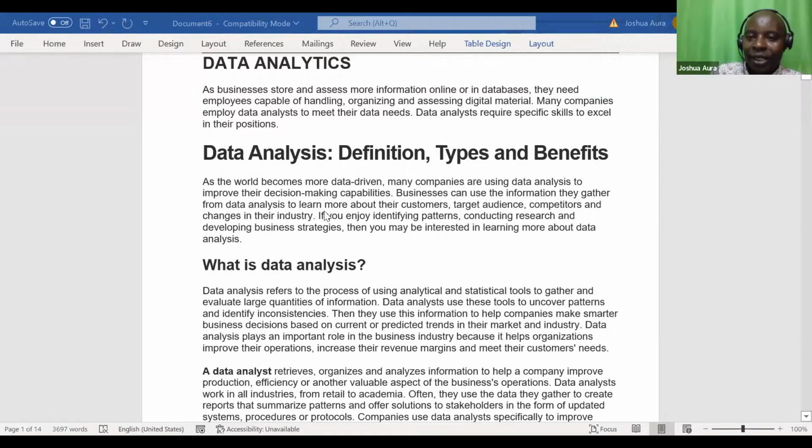So, ladies and gentlemen, the most important thing that you're supposed to first of all appreciate about this concept of data analytics is that we will need as data analysts to collect data and organize this data very well. After organizing it very well, of course, we have to evaluate. There is a concept of evaluation.